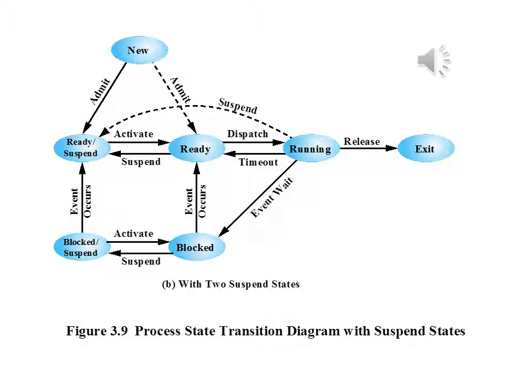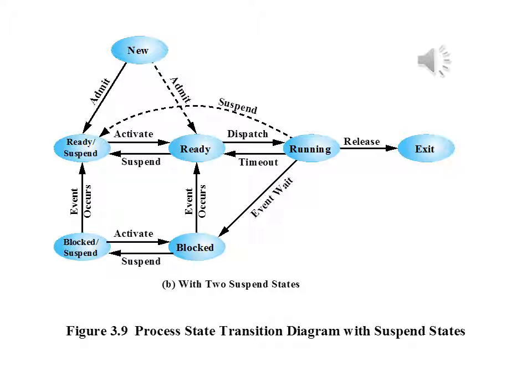Ready to ready suspend. Normally, the operating system would prefer to suspend a blocked process than a ready one, because the ready process can now be executed, whereas the blocked process is taking up main memory space and cannot be executed.